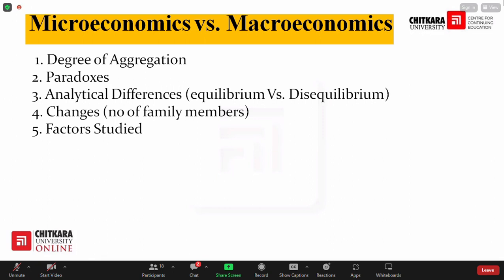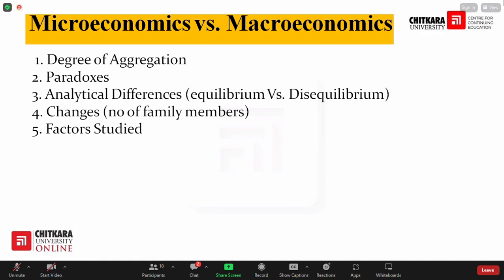Now, under it, microeconomics says that if we talk about a family, in a family, suppose the persons are increasing.